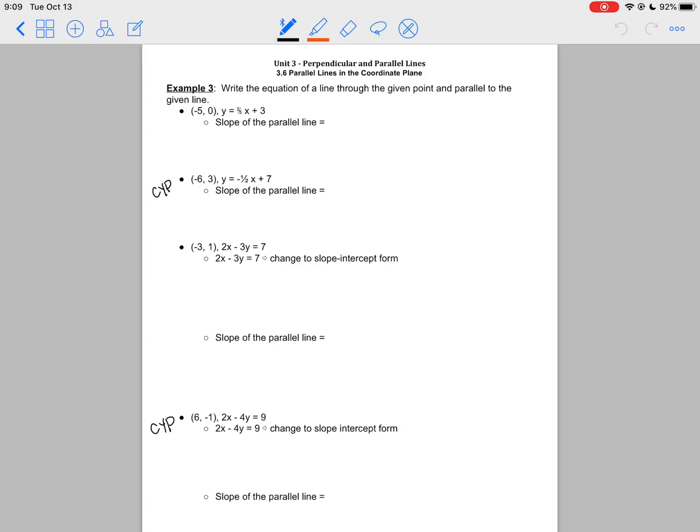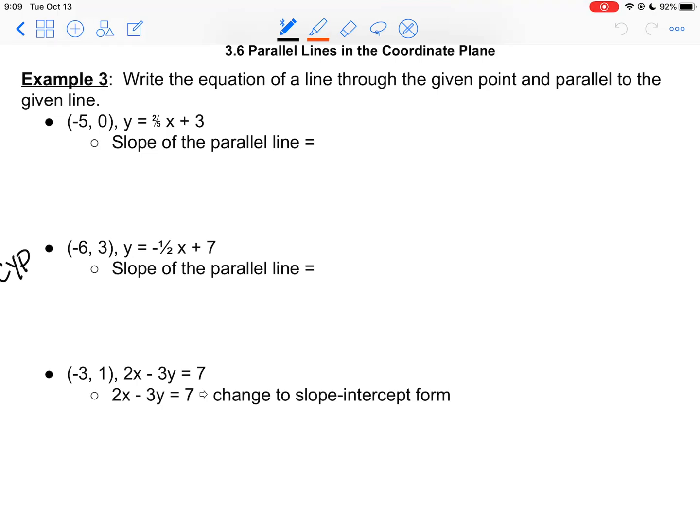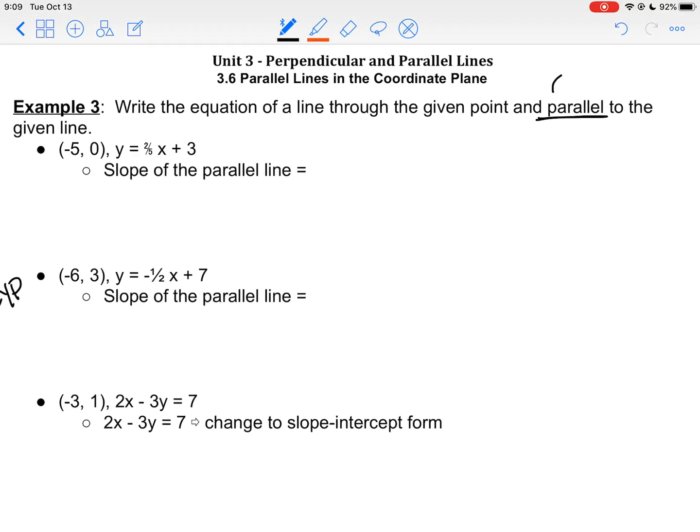The next thing we're going to do is write the equation of a line through a given point that is parallel to a given line. When we are talking about parallel lines, the main point here is that parallel lines have the same slope.